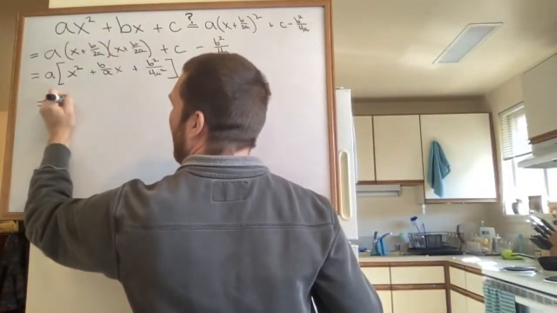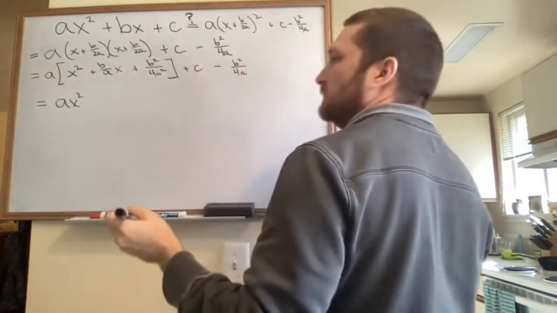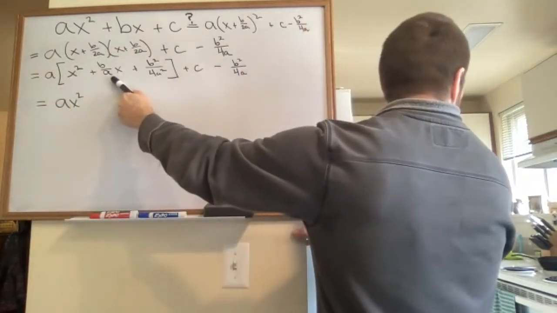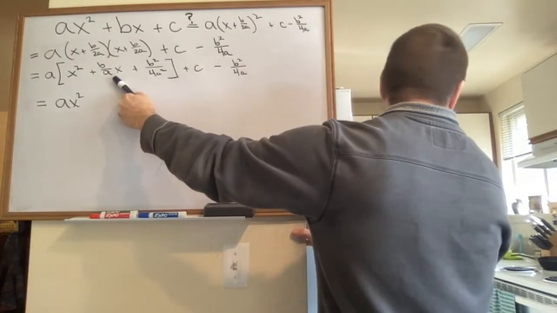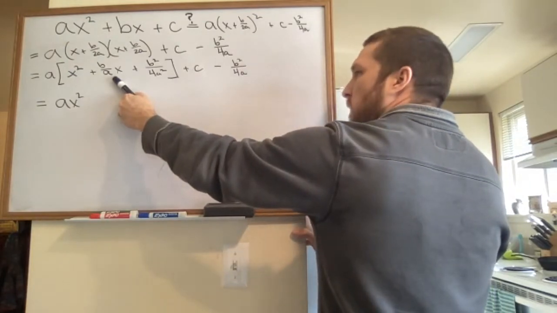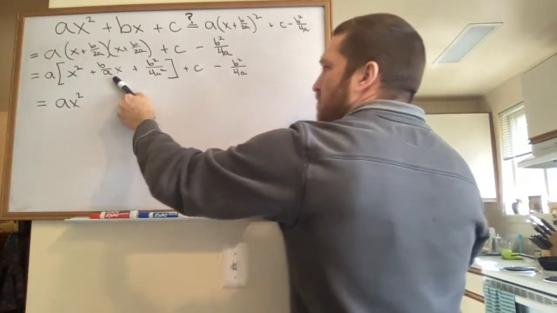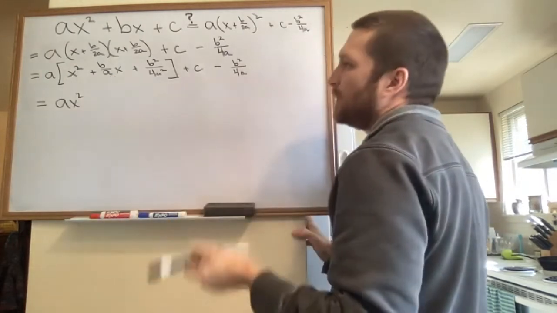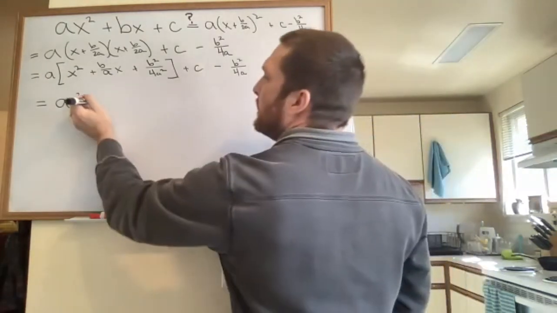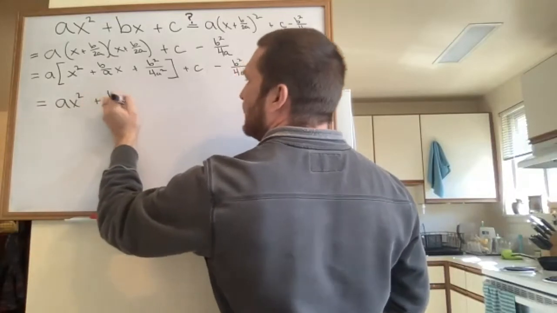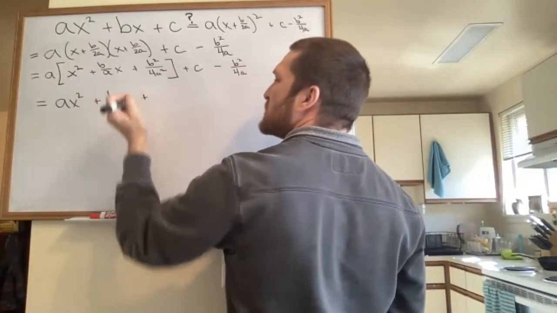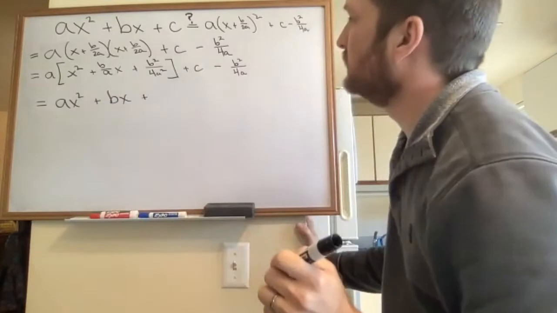a comes in, we get ax squared. What happens when I distribute it into this guy? What's left over? ax squared plus bx. Plus bx. Then plus what?